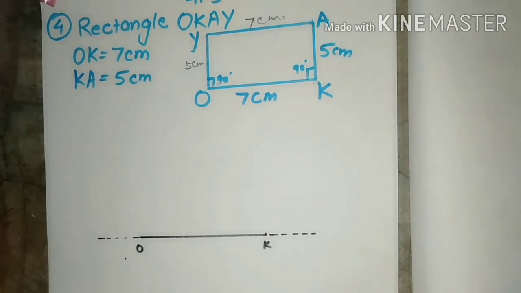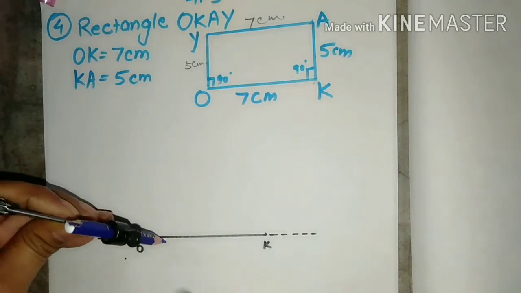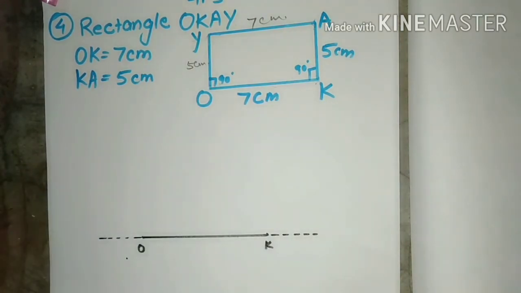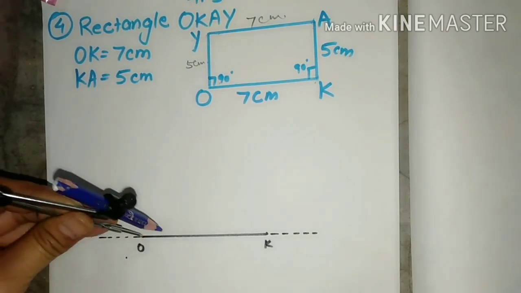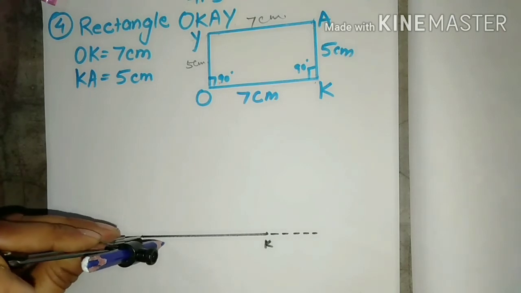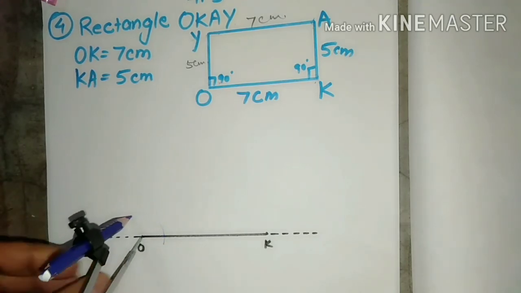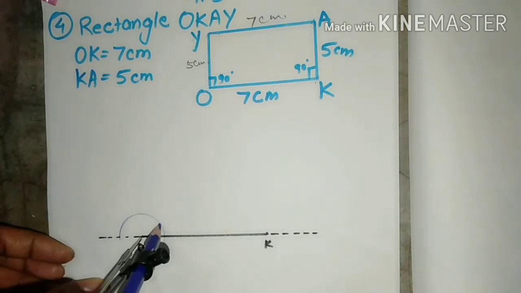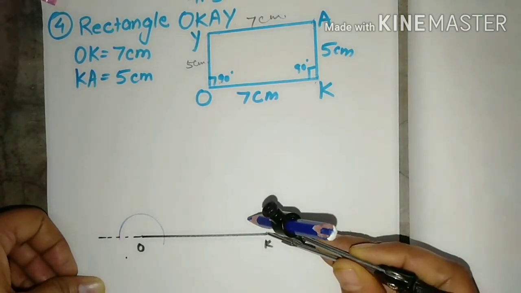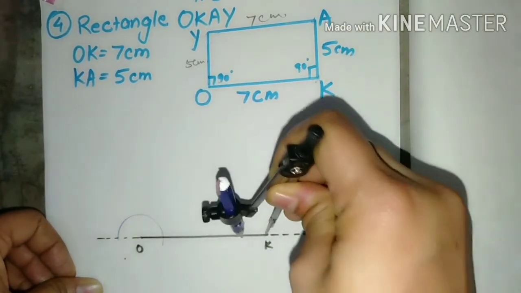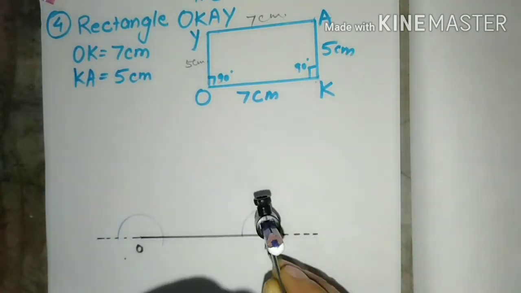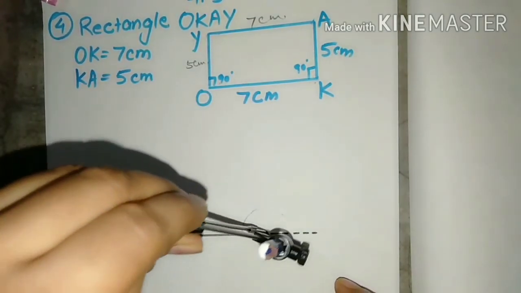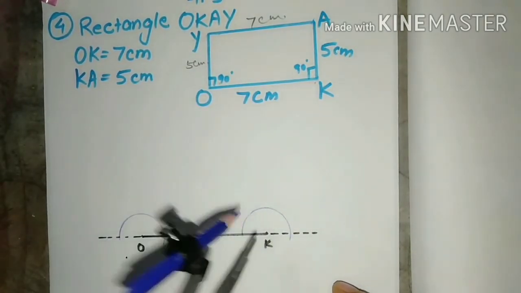So at point O and at point K you have to construct 90 degree angle. Draw the semicircular arc with the help of rounder. At this point also, in the same manner, you have to draw the semicircular arc.